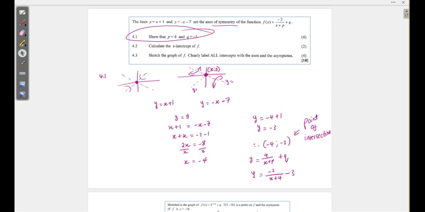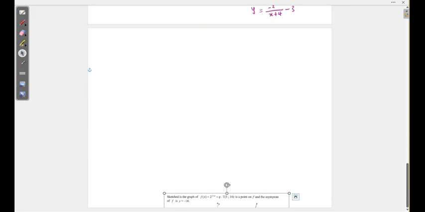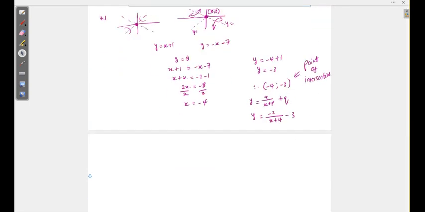Then the rest is to get the x-intercept and sketch the graph, which is now fairly easy because now you have the full equation: y is equal to negative 2 all over x plus 4, minus 3.